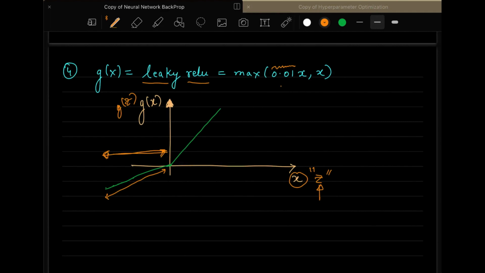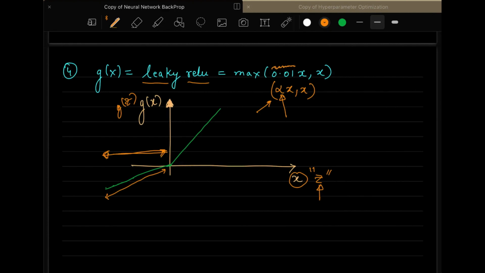You can write it as alpha x, and you can get this alpha learned during backpropagation. That is the advanced version, but if you want it to be a fixed value, then you can keep it as 0.01x.